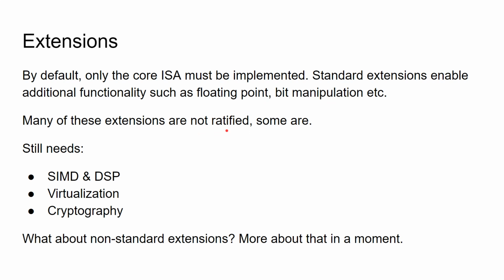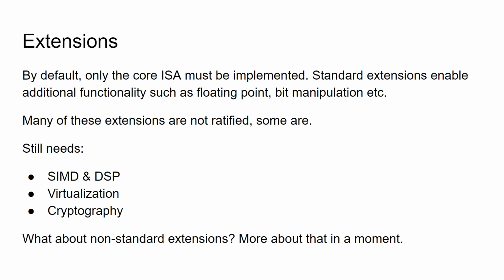This will change absolutely. You could build a processor that does extra things like floating point or bit manipulation, or, as on the little list I've made here, DSP instructions, SIMD instructions, virtualization or cryptography. These are extensions that people are having to add on to the RISC-V processor to be able to get it to work.